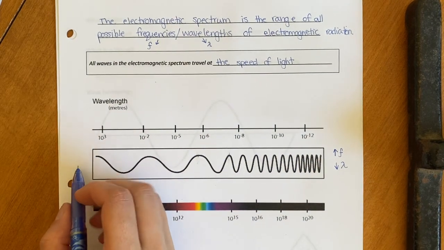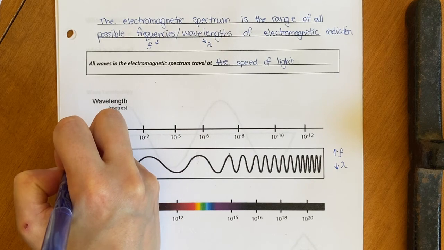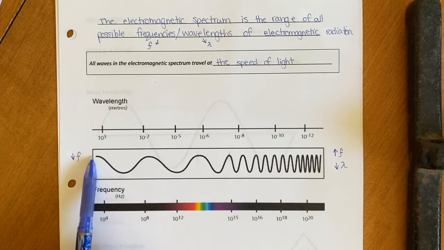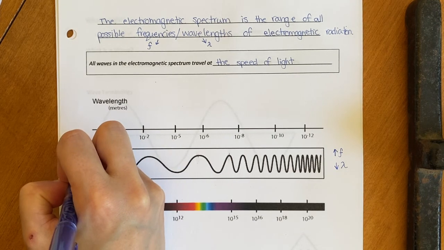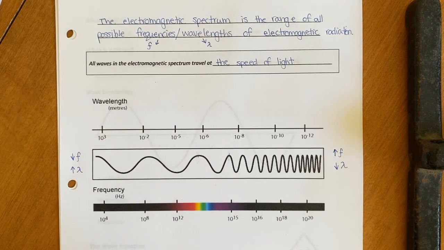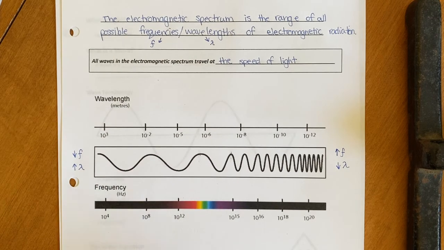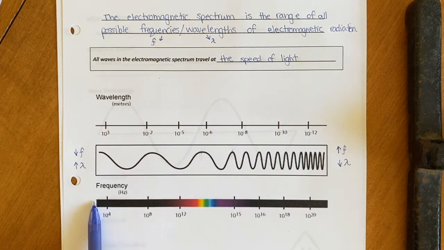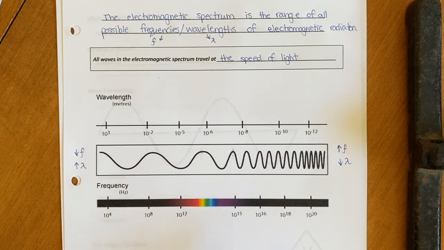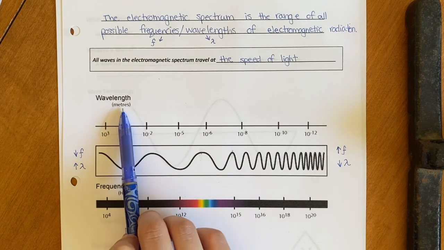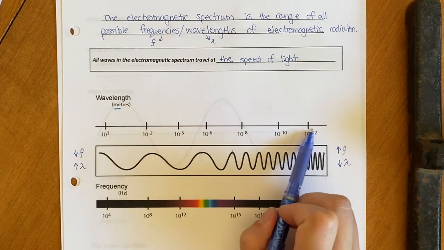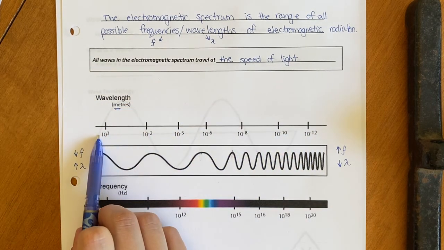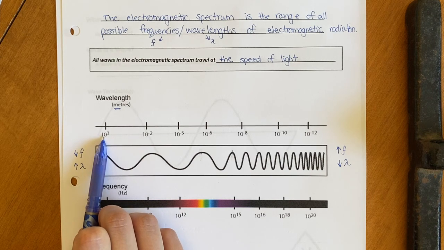Versus at the other end, we have low frequency, because you can't fit very many of the wavelengths in the same amount of space, but very high wavelength. Those are shown using the two bars on either side of this picture. Up here, you've got wavelength in meters. Wavelength should always be measured in meters, so you've got really, really short all the way up to 100 meters long for just one wavelength.